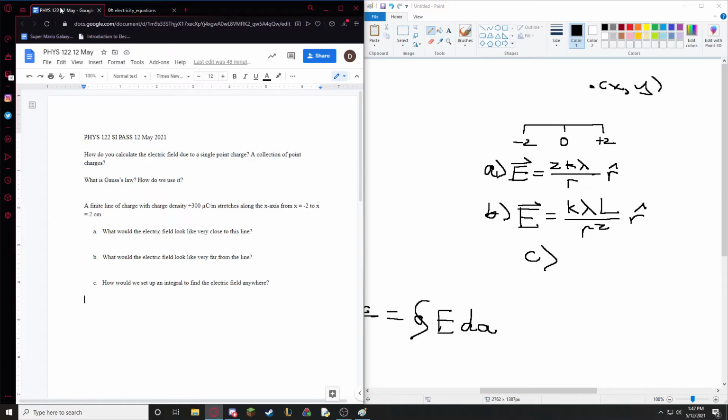You just use Gauss's law. Sorry, could you repeat that? So you set up charge enclosed over epsilon naught equal to the integral of the electric field times the area. Are we able to do that here?